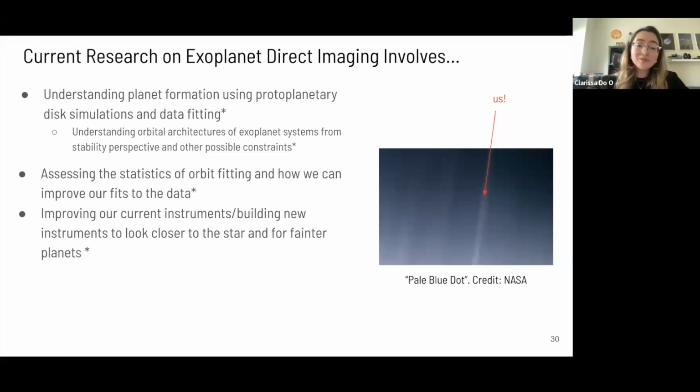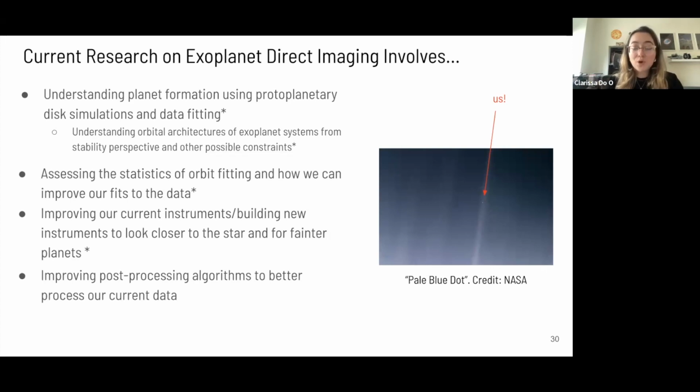We're also working on trying to improve our current instruments or building better instruments such that we can get closer to the star and find fainter planets. Also, there's a lot of work going on the actual post-processing of these exoplanet images. So some of the images I showed you actually had a lot of post-processing happening before we actually see the image that we just saw.